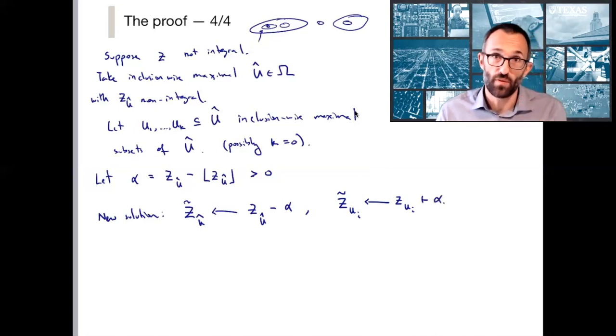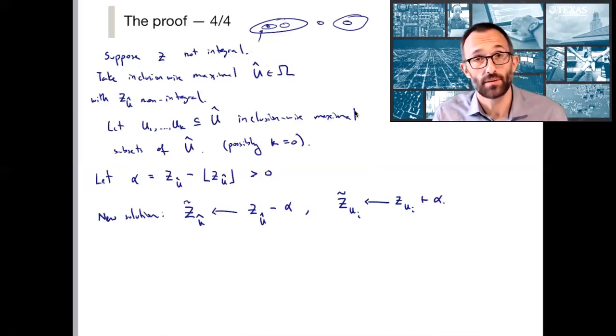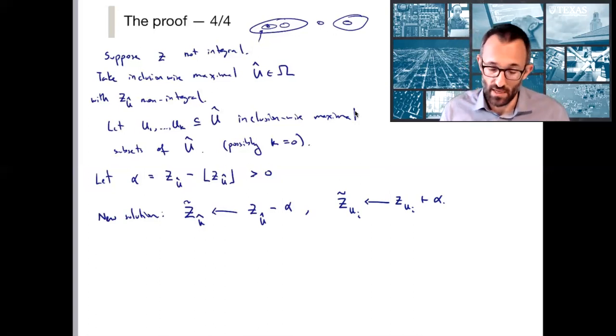So what are the things we need to check? We need to check to make sure that this new solution is feasible, and then I want to check its objective value to see if we have a contradiction. So remember, for feasibility, we have no y. We don't have to worry about those.